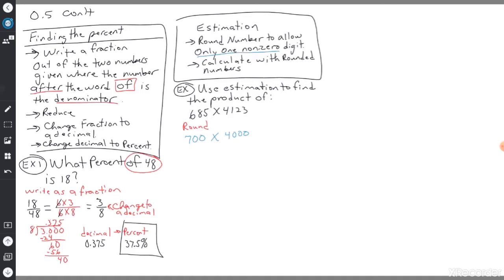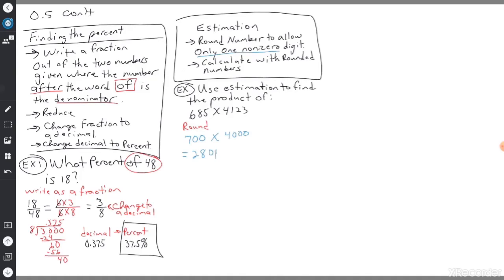Okay. So now it's just a matter of making a calculation. And what we can do is look at 7 times 4. So 7 times 4 is 28. Now we can fill in the zeros.